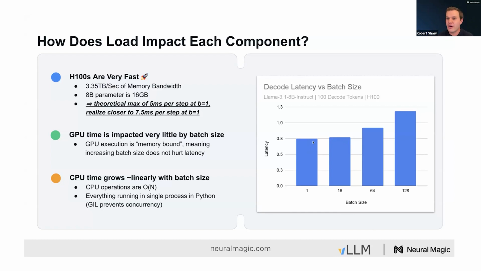I have a chart here on the right, but what you can see is at batch size 1, because we're so memory bandwidth bound, we get about 0.8 seconds of latency to decode 100 tokens, versus at batch 64, we're getting less than a second. And so you can see that as the load increases on the GPU, we see basically the same overall amount of GPU execution time.